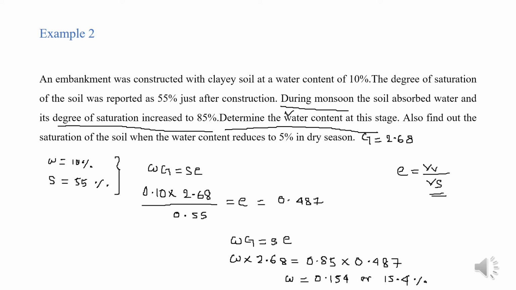So my next part is that we have to find out the saturation of the soil, right? So saturation of the soil when the water content reduces to 5%. So similarly my e remains the same. Now again, using the same relationship, we can write my water content reduces to 5%, so it is 0.05.